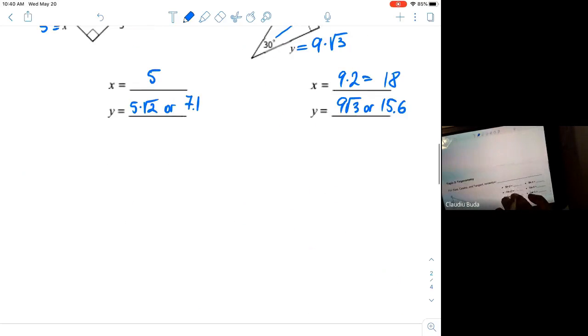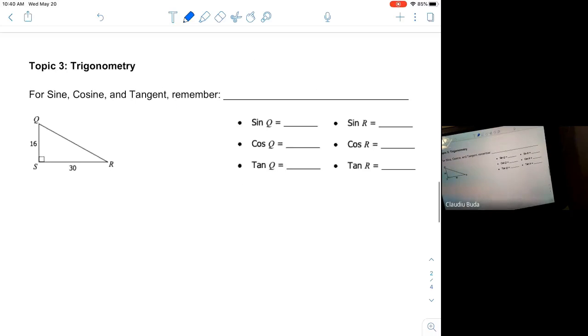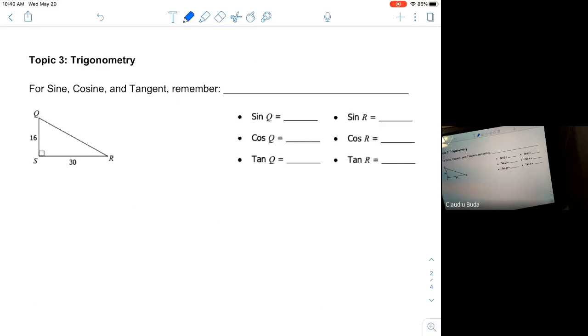So those are special right triangles. Now we're going to move on to trigonometry.